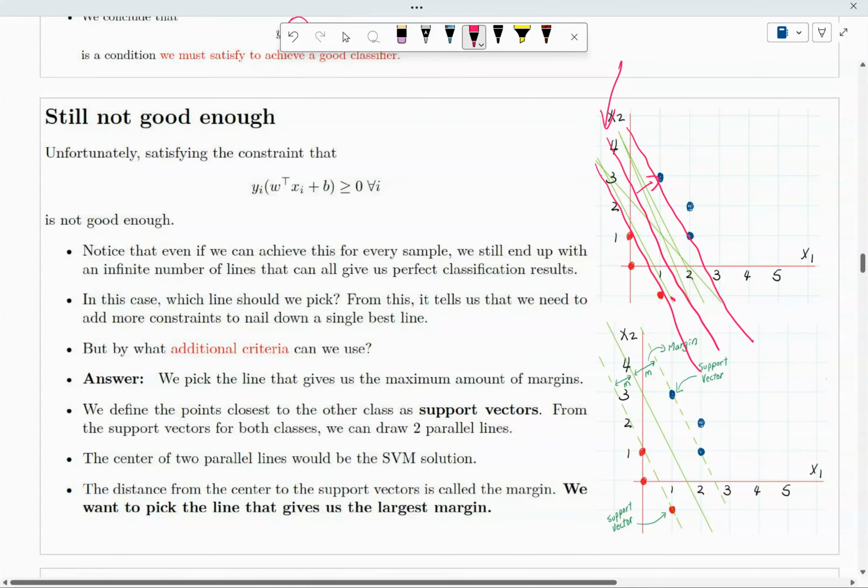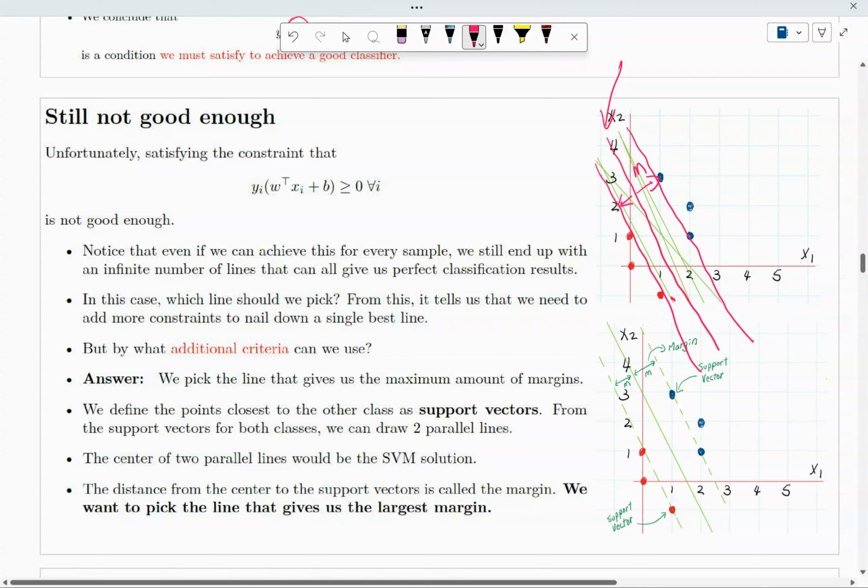So this right here is called a margin. So you want to pick not just any line, but the line that simultaneously gives you the correct prediction as well as the largest margin for error, then that's just one line, right? Instead of infinite lines.